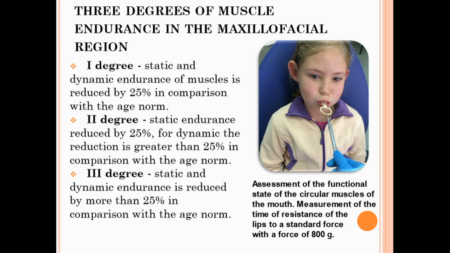The age norm for the performance of static and dynamic exercises is used by orthodontists to determine the degree of reduction in endurance of muscles in the maxillofacial region. The stopwatch determines the duration of the static and dynamic exercises.